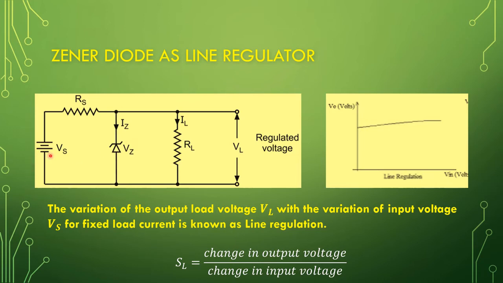So this side is the input side and this side is the output side. Here we connect one voltage supply and here we connect one voltmeter. On this side we connect one voltmeter.